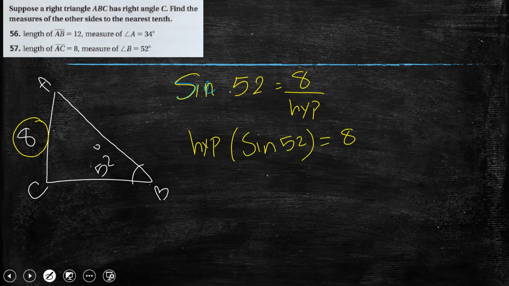Sine of 52 is 0.788, so 0.788 times the hypotenuse equals 8.